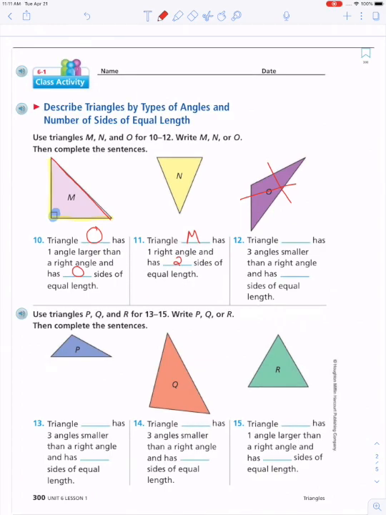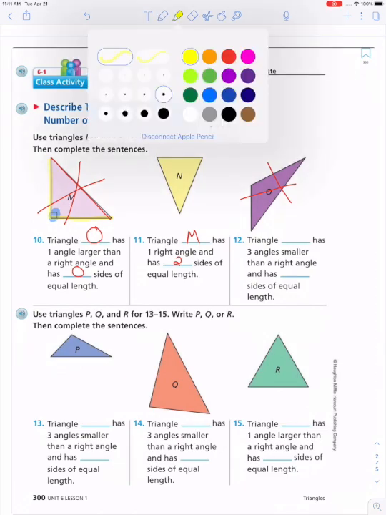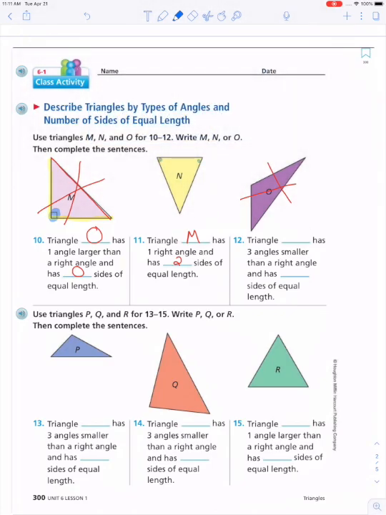Okay? So now we have done triangle M, which leaves us with N, but let's make sure that it fits. Triangle blank has three angles smaller than a right angle. Now, we've already talked about that earlier, right? We showed that they're all acute angles. So we're going to go ahead and put in triangle N, okay?